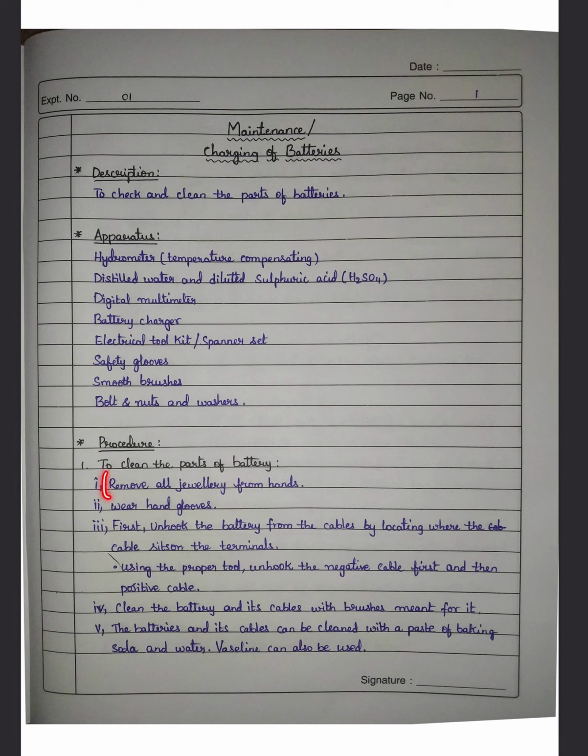You should not keep jewelry near the battery bank because it is acidic in nature, so that will spoil it. Next, you must wear gloves, for the same reason: acid. So there are some points to follow to clean the parts of the battery.